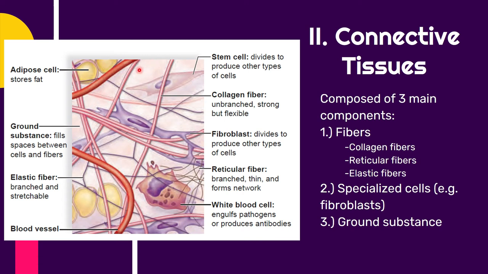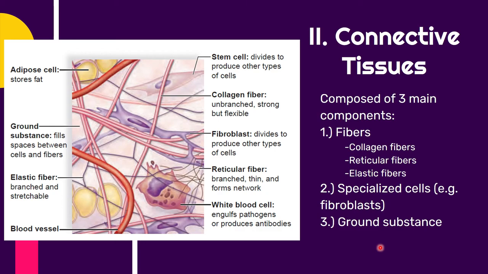That space is not a space alone, that is filled with what we call ground substance. Ground substance fills spaces between cells and fibers. And ground substance is composed of liquid, for example, water and other substances like proteins.